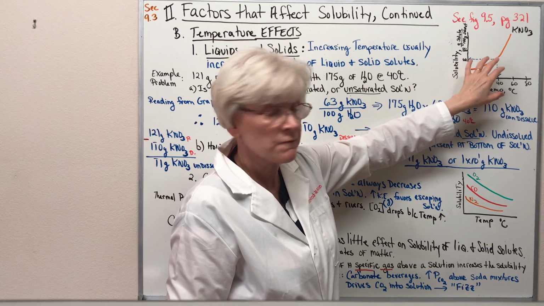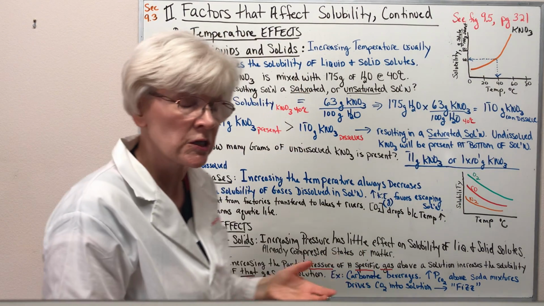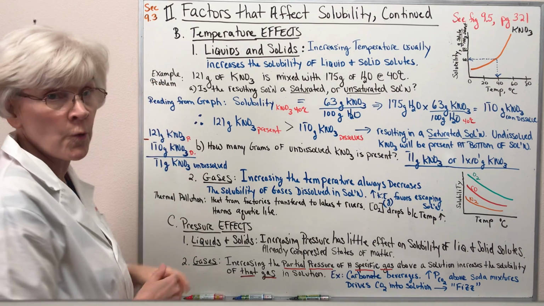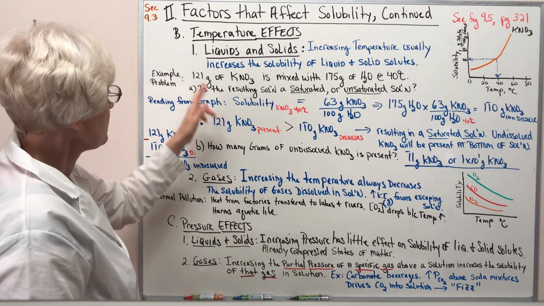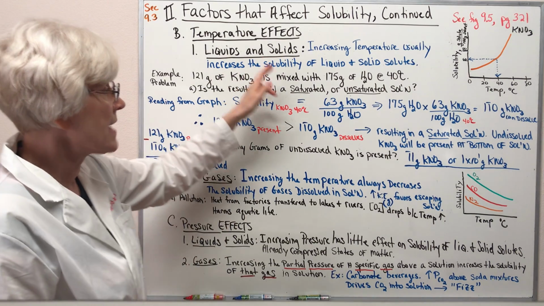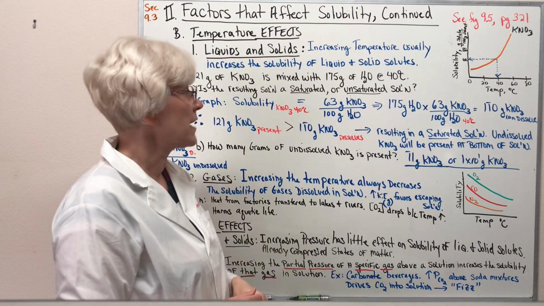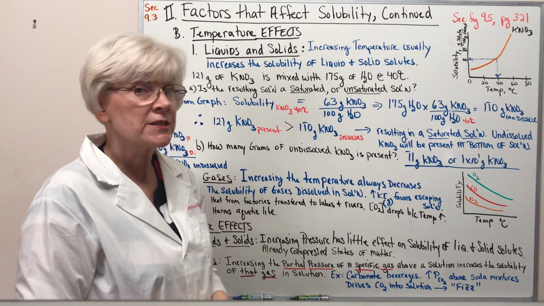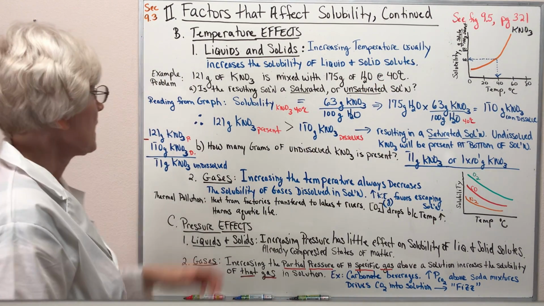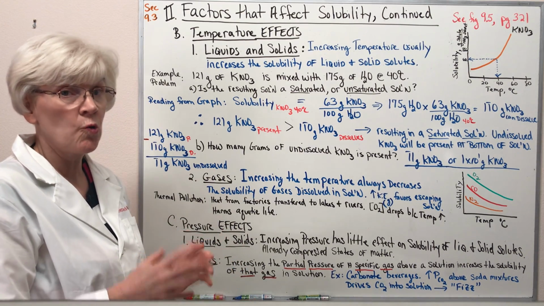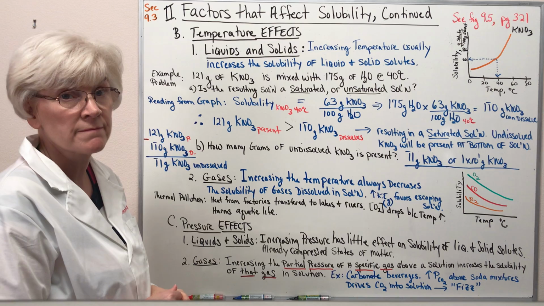We can obtain information from a solubility curve to do various sorts of calculations. For example, if you take 121 grams of potassium nitrate and mix it into 175 grams of water at 40 degrees Celsius, A, is the resulting solution a saturated or unsaturated solution?